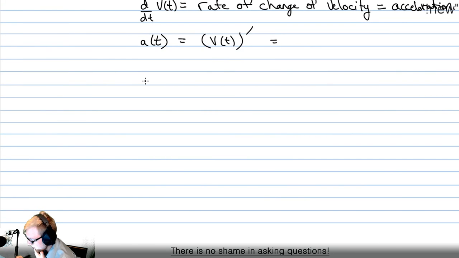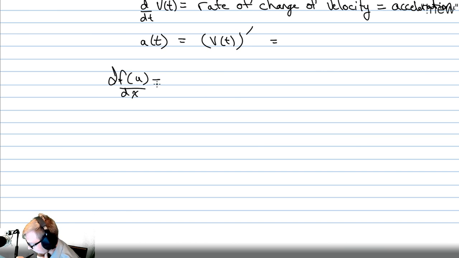Well, okay, let's just do the definition of the chain rule. The derivative of f of u, let's say, with respect to x, is the derivative of f with respect to u times the derivative of u with respect to x.